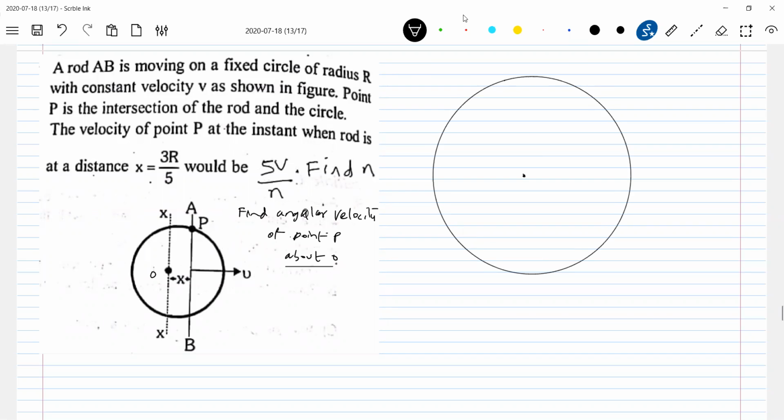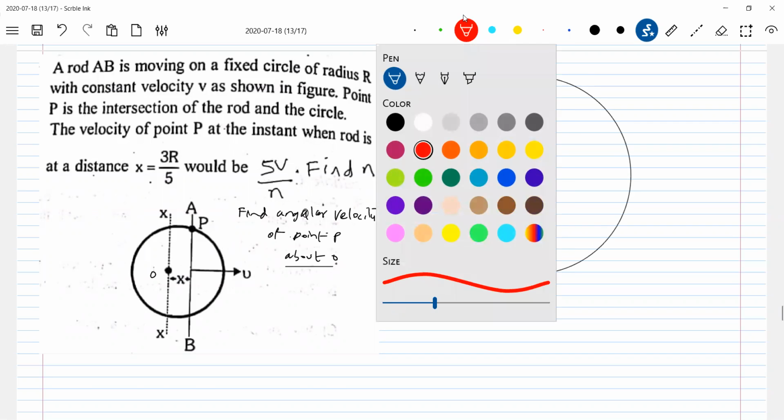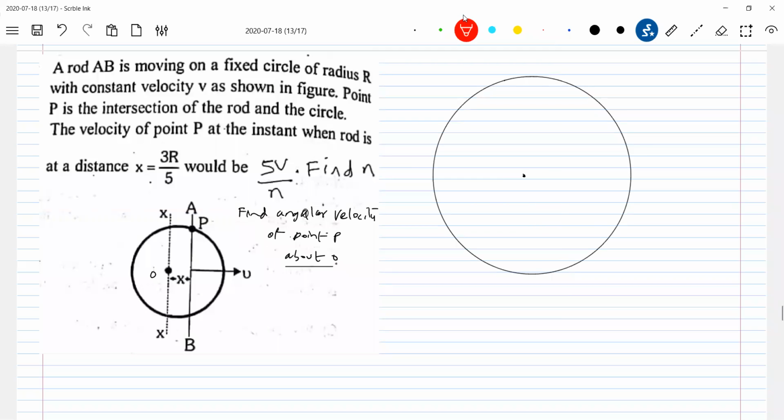Okay, there's a center of the circle, and I'm going to take a rod.